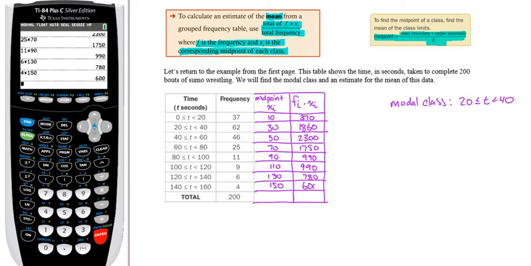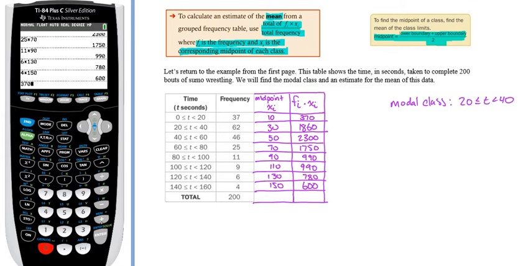And then we're going to add up all of those sums. So again, if we had a list, we'd have 37 tens, then we'd have 62 30s. So this is a shorter way of adding up all those values without having to write out the list, because there are 200 numbers and that would take quite a long time.